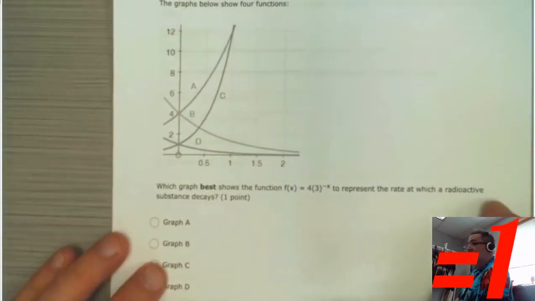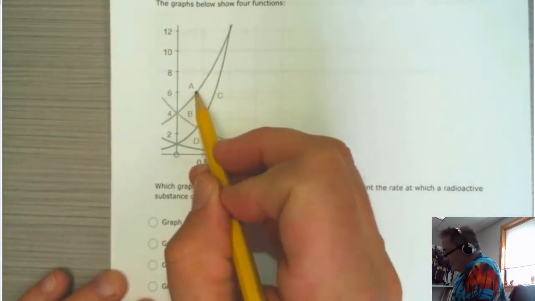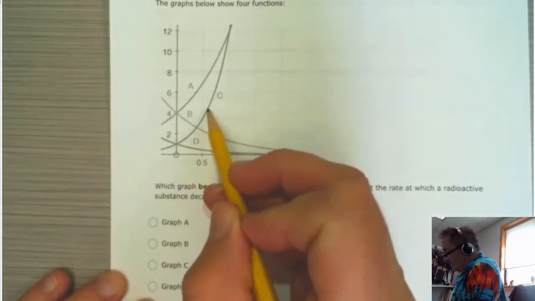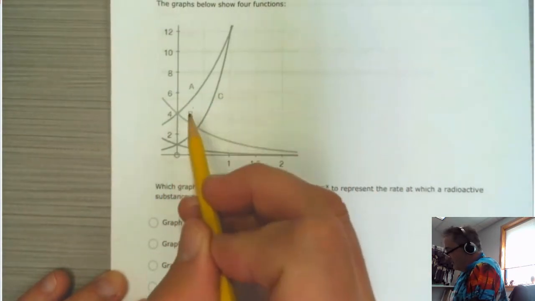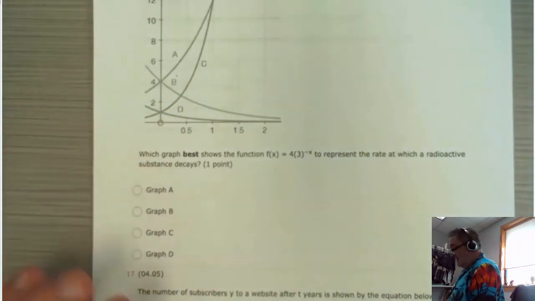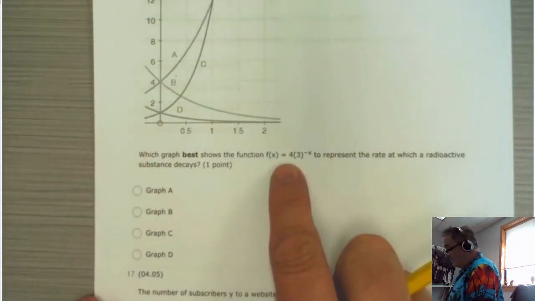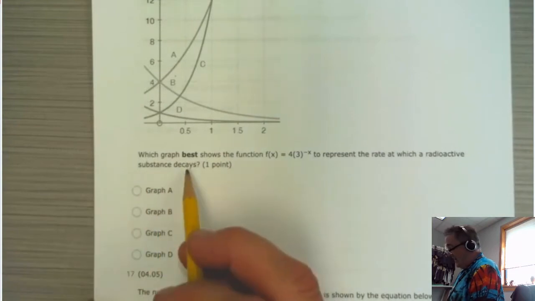All right, the graphs below show 4 functions. A is this one, B is this one coming down, C is this one going up, D is this one. So A, B, C, D, starting from the top to bottom as we go down. Which best shows the function f of x equals 4 times 3 to the -x power to represent a rate at which a radioactive substance decays?